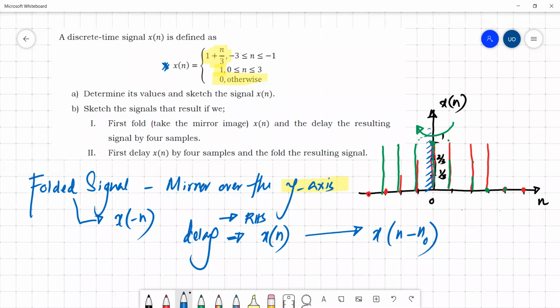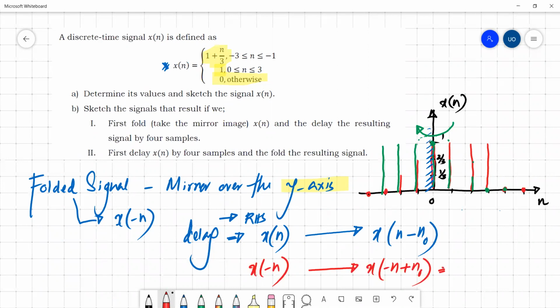Okay, so if your signal is xn, your delayed version is x(n minus n naught). If your signal is x(minus n), the delayed version is actually x(minus n plus n naught), having the same delay for this forwarded signal.